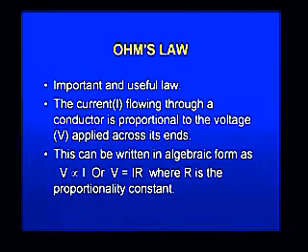V is proportional to I, or V is equal to I into R, where R is a proportionality constant which is called resistance. So this of course is true only for a given temperature.